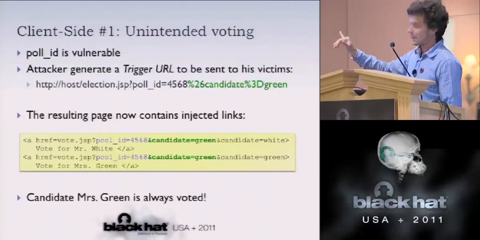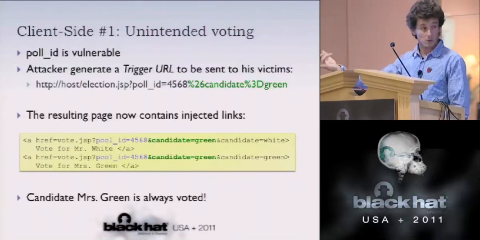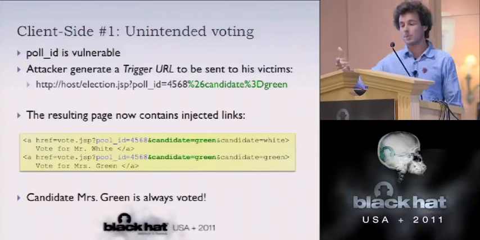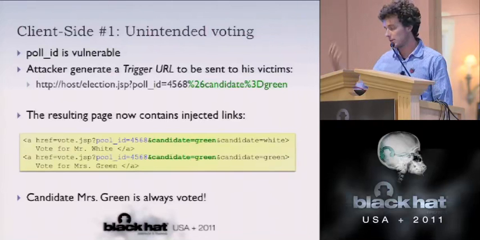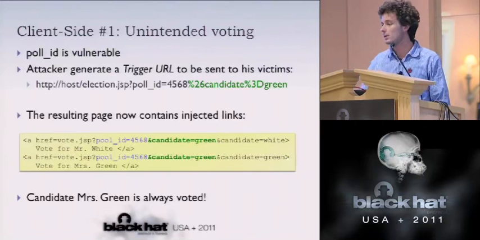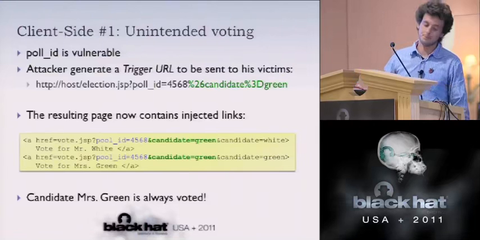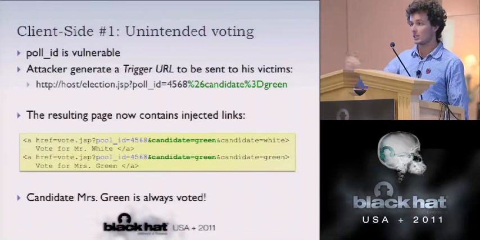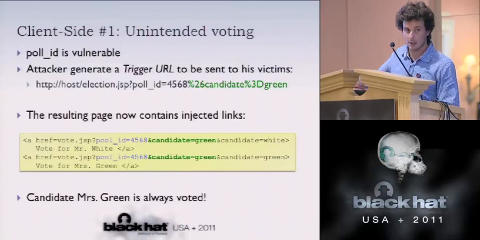So what the attacker does is send this trigger URL to their victims, to people around. Then these people click on the URL and open the page, and the page just shows the different candidates to vote for. It's just the standard page, and if SSL is enabled, it will be SSL enabled. So the attacker does not attack the application itself, but just modifies the two links that are generated by the application.